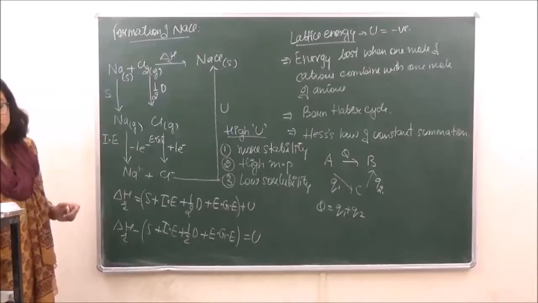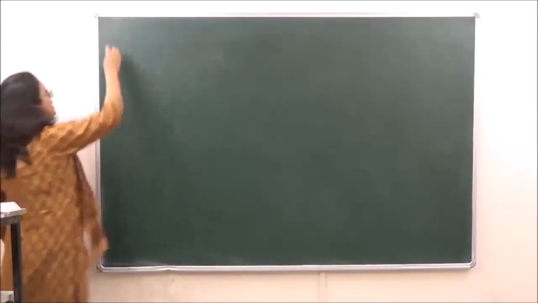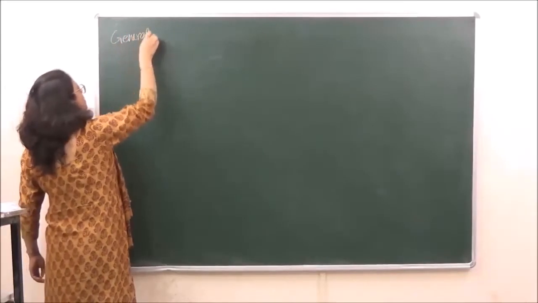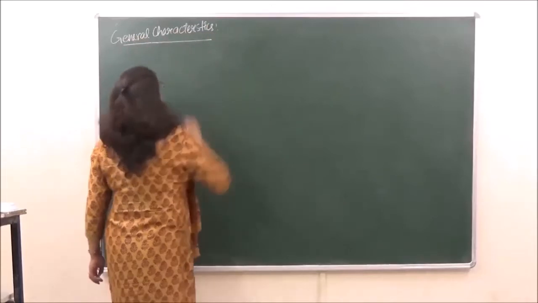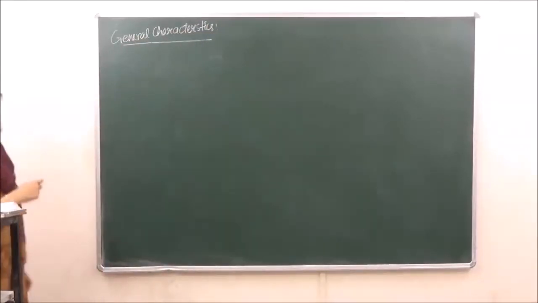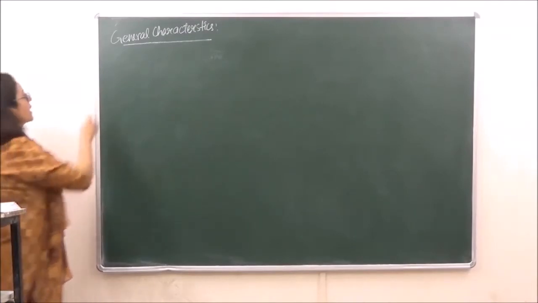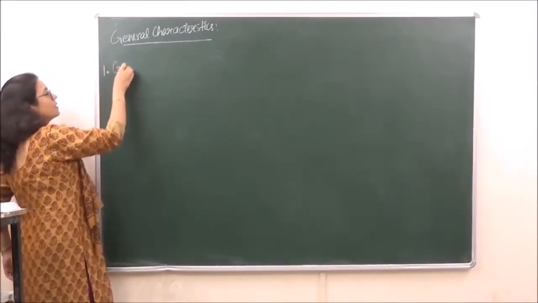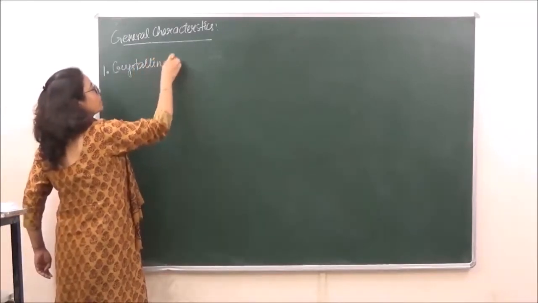Let's go on to the general characteristics of ionic bonds. Okay? The first characteristic is the crystalline nature.